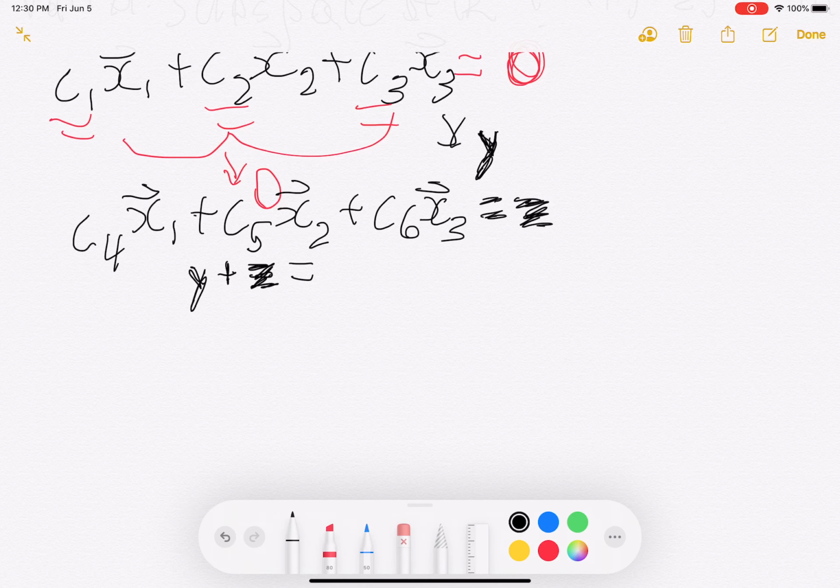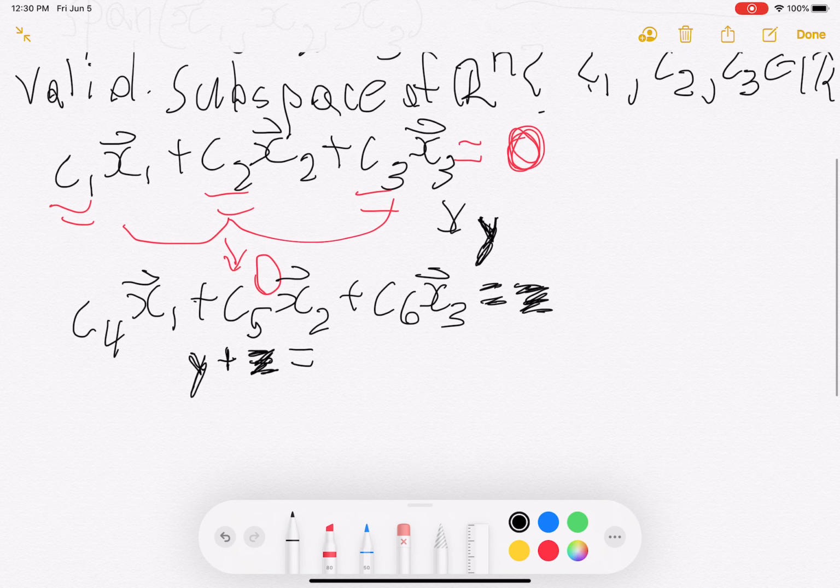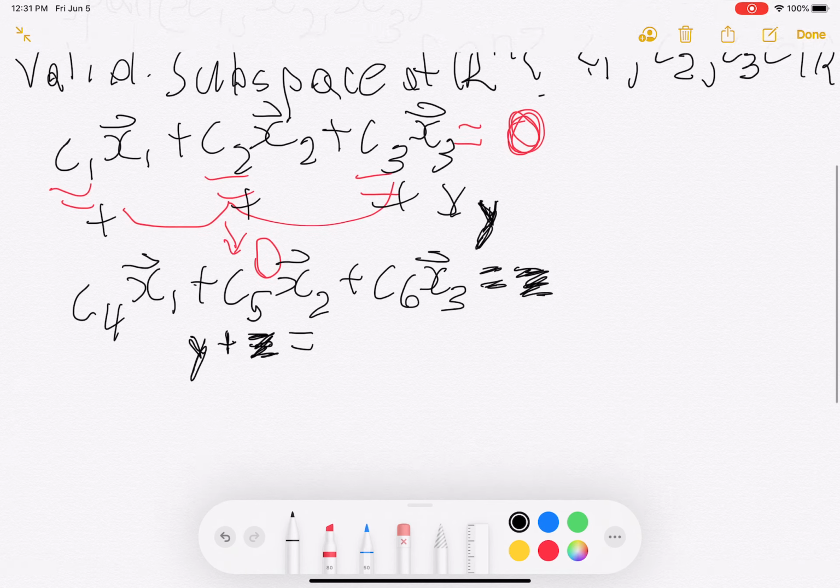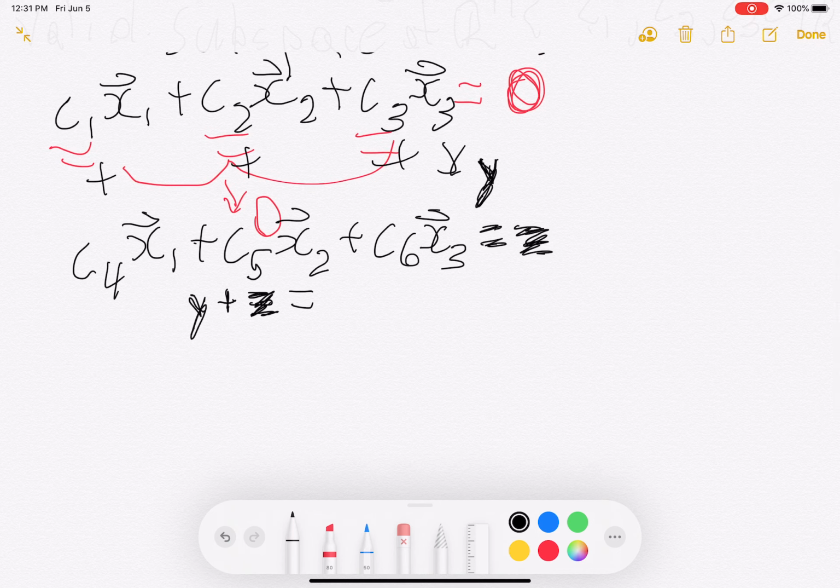That would be equal to, well, let's think about it here. So essentially we're just adding these like this. And we can see that we have x1, x2, and x3. So thus we can factor those out respectively with their given coefficients.